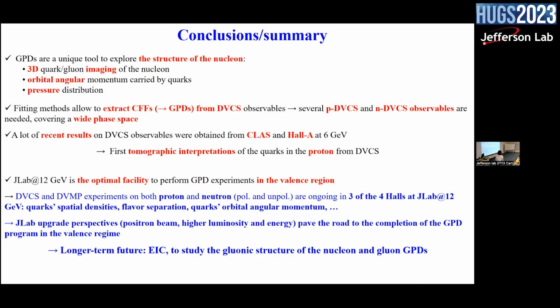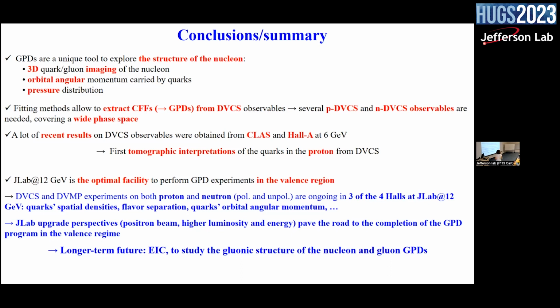And now the present is that Jefferson Lab at 12 GeV is really the optimal place to keep on exploring GPDs in the valence region. There are several experiments that have been done and are ongoing to measure DVCS and DVMP in 3 out of 4 halls at Jefferson Lab, to extract spatial densities of the quarks, flavor separation of the GPDs, and the quark angular momentum.